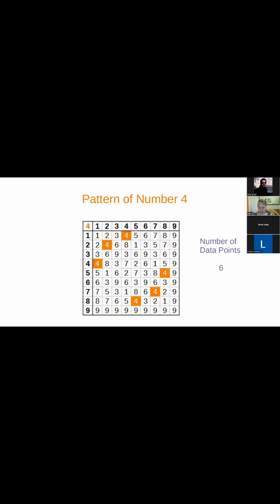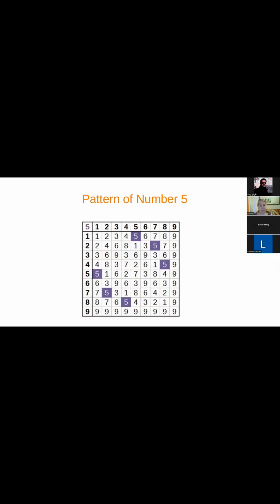Easy to count them. The main orientation is again the main diagonal. For the pattern of number 5, we have again 6 data points, with the main orientation this time in the direction of the off diagonal.